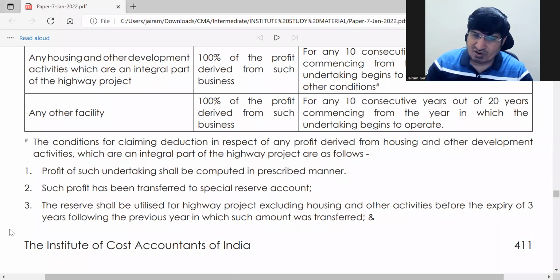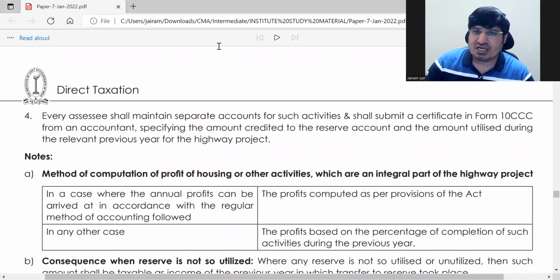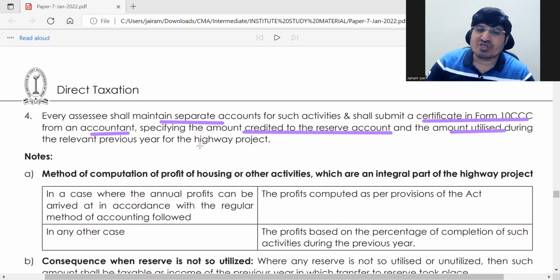The last condition is that the SSE must maintain separate accounts and submit a certificate in Form 10CCC from an accountant. In this form, what are you going to highlight? What is the amount credited to the reserve account and what is the amount utilized for the highway project?